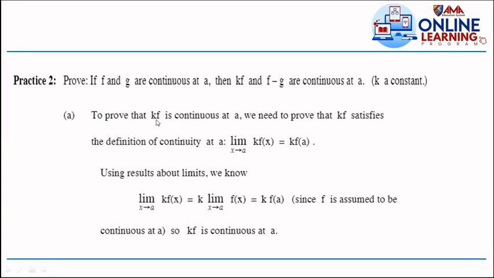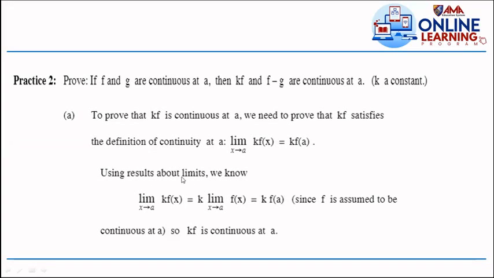So, to prove that kf is continuous at a, we need to prove that kf satisfies the definition of continuity at a, so the limit of k multiplied by f(x) as x approaches a is equal to k multiplied by f(a).